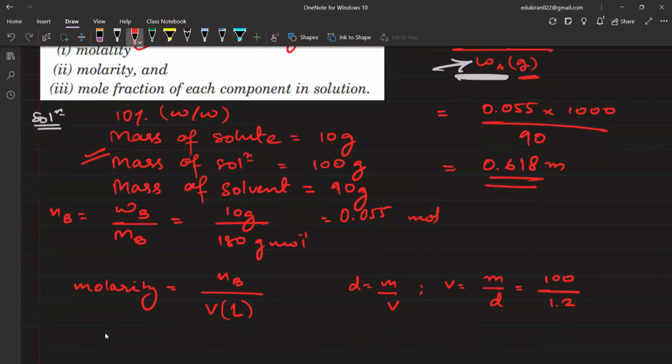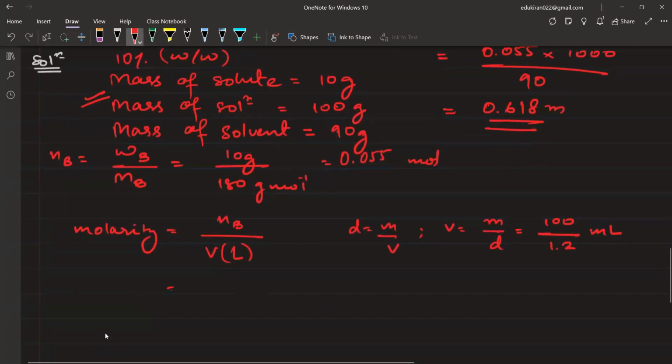Okay, so whatever value we are going to get, this will be in ml. You can plug this in: number of moles of the solute divided by 100 upon 1.2. This whole thing will be divided by what? 1000. 1000 can go above, and you can write 1000 here, and this will give you moles per liter.